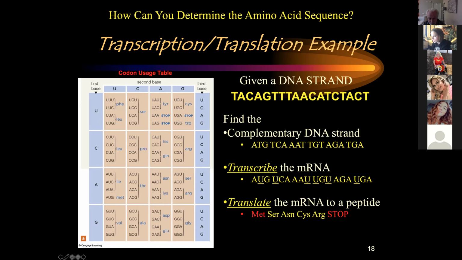You go to the third one, AAU. First base is A, second base is A, third base is U. That's asparagine here. You can keep going until you get down to the last one, UGA. First base is U, second base is G, third base is A, UGA is stop.